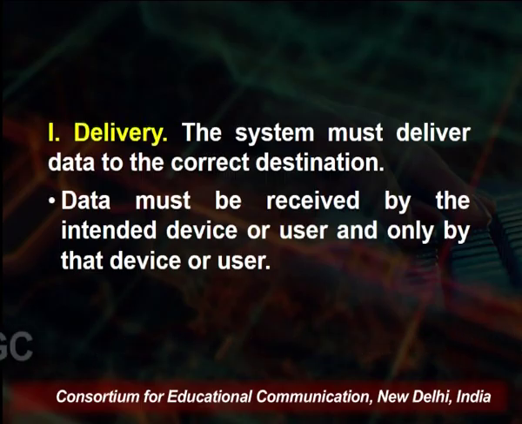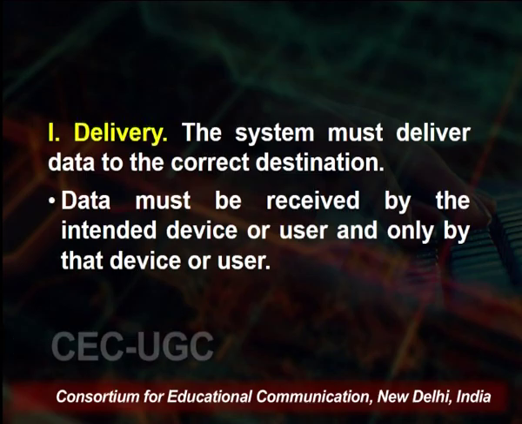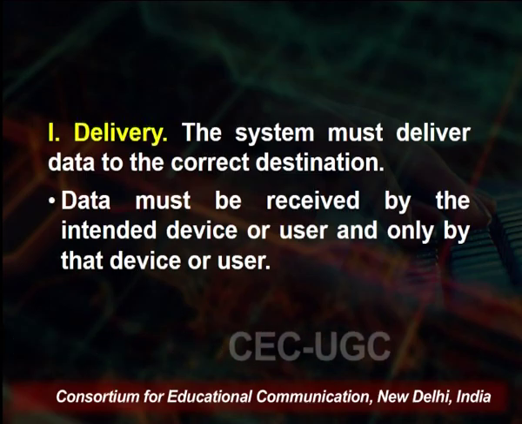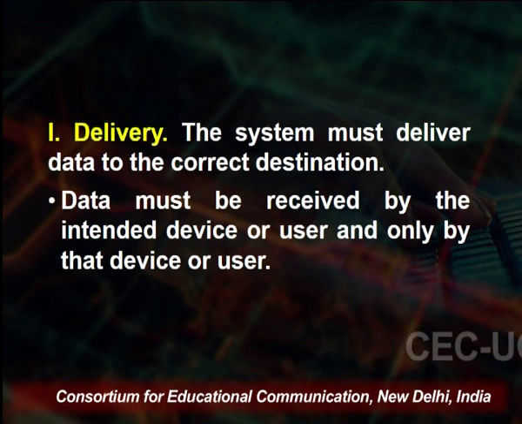There can be multiple users who are the intended receivers, but only those intended receivers must receive the data. If the delivery is correct, that means your data communication system is effective.